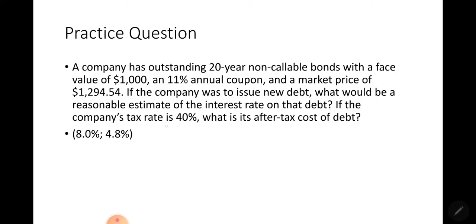If the company's tax rate is 40%, what is its after-tax cost of debt? So this is a question in which the before tax cost of debt is not given. You do not have RD. Instead, they have given you all the information about the bonds. So if you do not have RD, you will have to figure out the YTM.